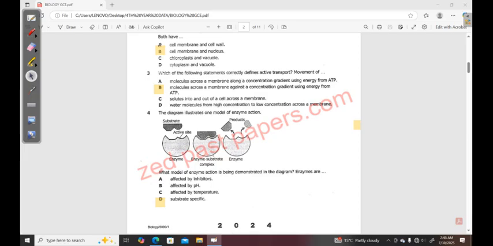C, solutes into and out of the cell across a membrane. D, water molecules from high concentration to low concentration across a membrane. So the correct answer is B, which is molecules across a membrane against a concentration gradient.